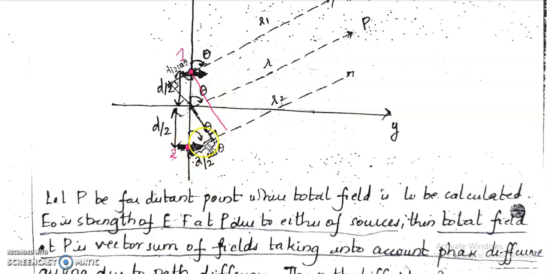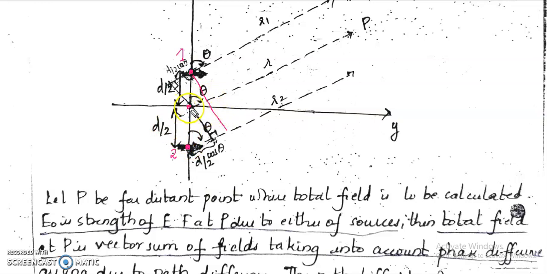So this distance can be represented as d by 2 cos theta. How can you compute that it is d by 2 cos theta? Because we know that the distance between the 2 point sources is d. This point is the origin, midway between these 2 point sources. So the distance between the origin and the second source is d by 2.